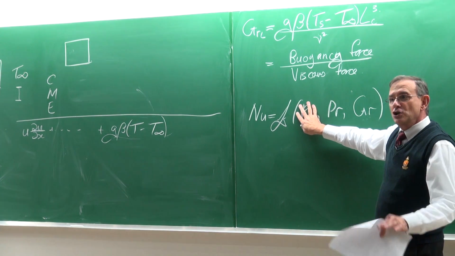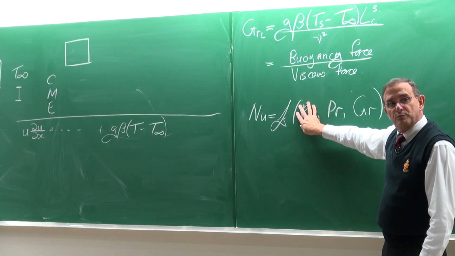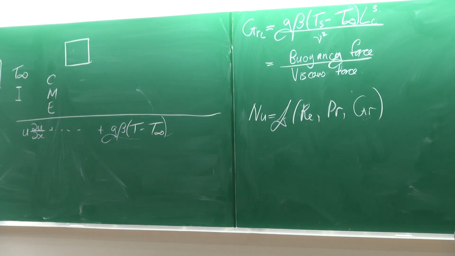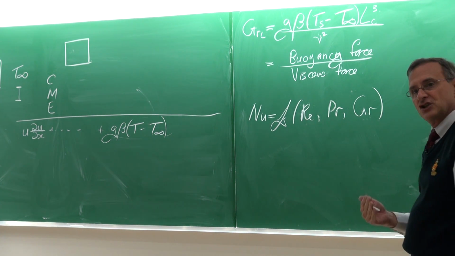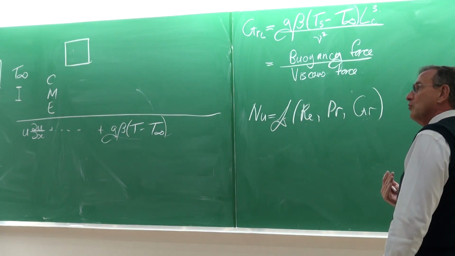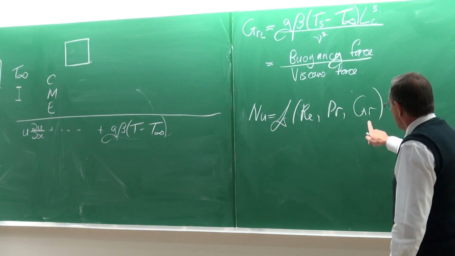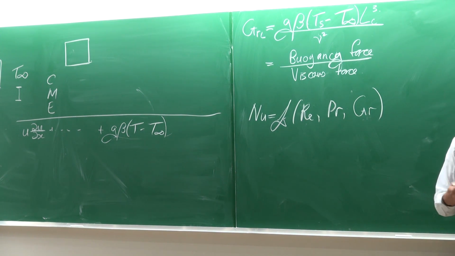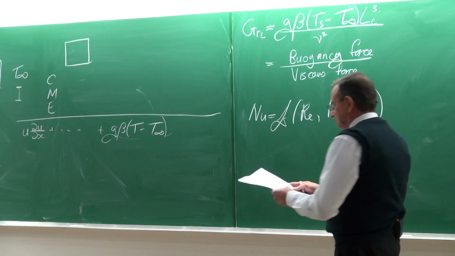Now that poses a new challenge to us, because the problem is, how do we determine if the flow is laminar or turbulent? It is still important for natural convection problems. And the answer is we now use the Grashof number. So the Grashof number indicates to us if the flow is laminar or turbulent.